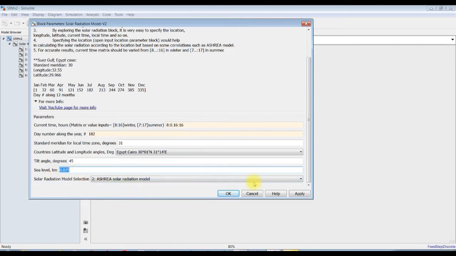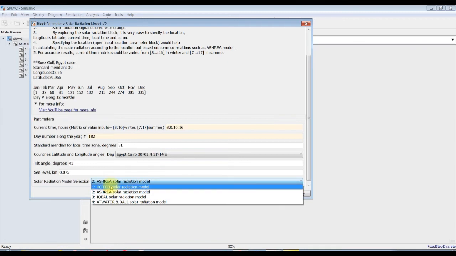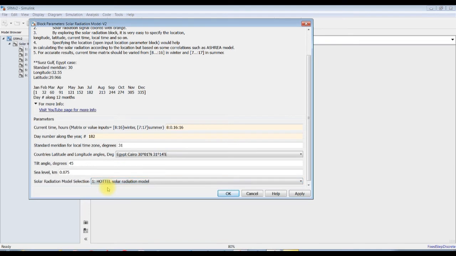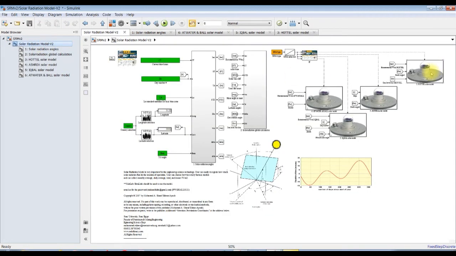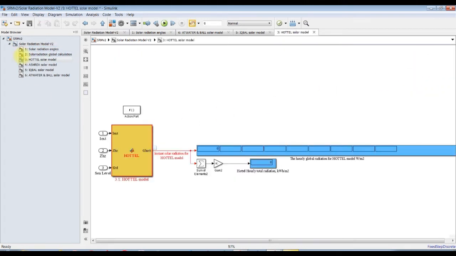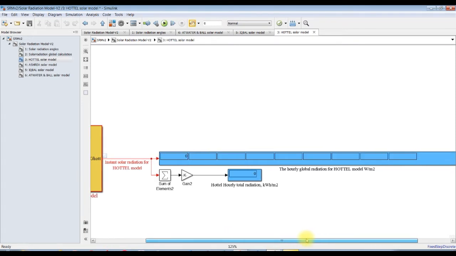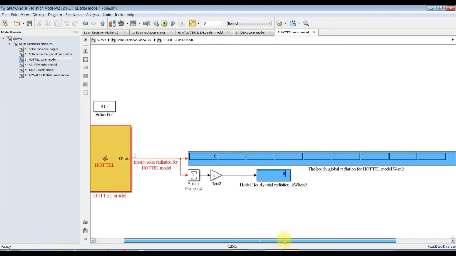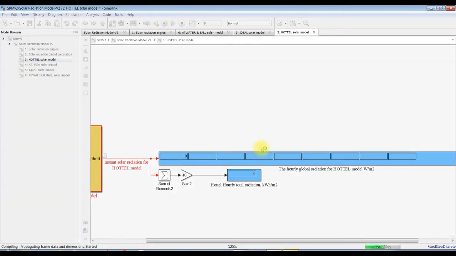We have to choose between 4 solar radiation models. Suppose I am going for the Hottel model. Yes, this is the Hottel model. We are going to measure the global, the diffuse, and DNI solar radiation. Let's run our model now.